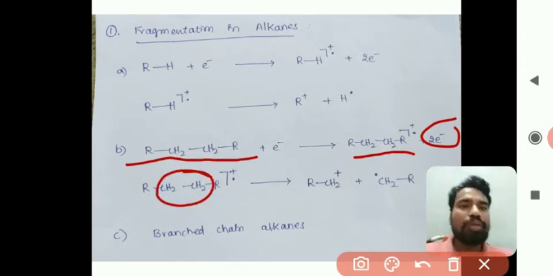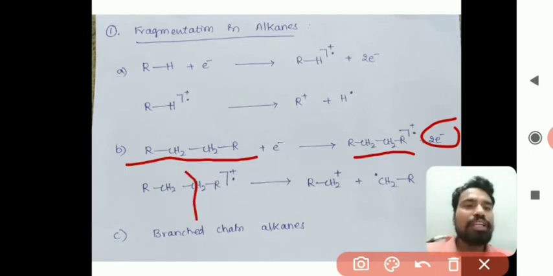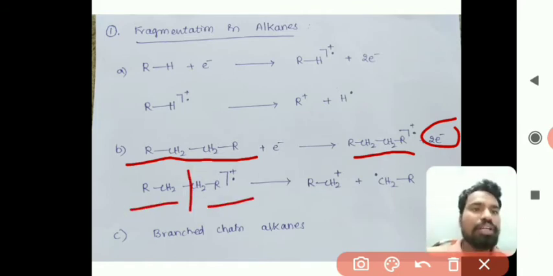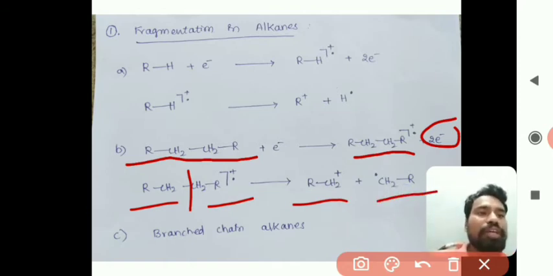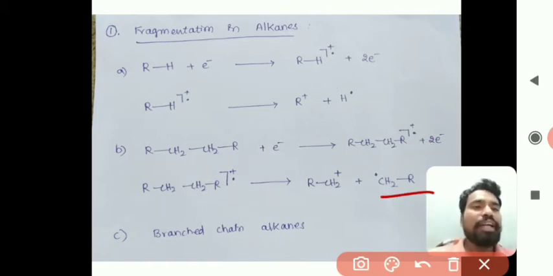So there is a formation of RCH2 plus and RCH2 dot, right? In that way we have the fragmentation process. Here the bond breakage takes place between carbon and carbon, so that one long chain gets a positive charge and one small chain gets a radical. This is the process.